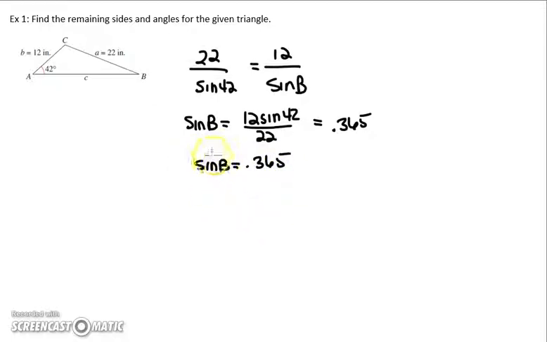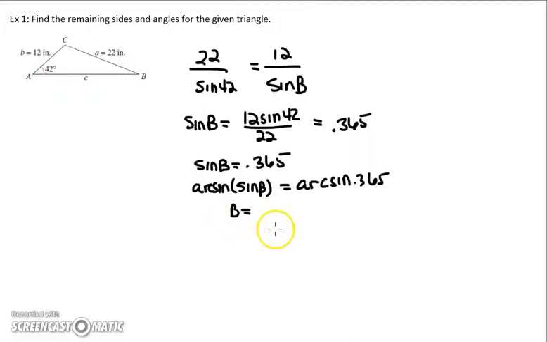So to get rid of this sine, we're going to have to take the arcsine of each side. Arcsine and sine cancel each other out, so we get B is approximately equal to 21.406.